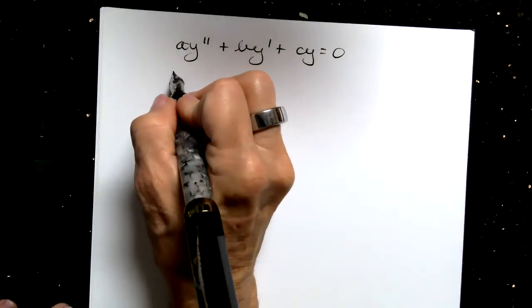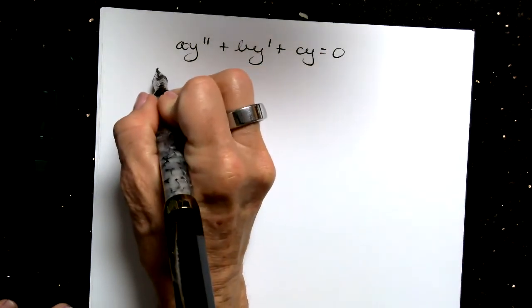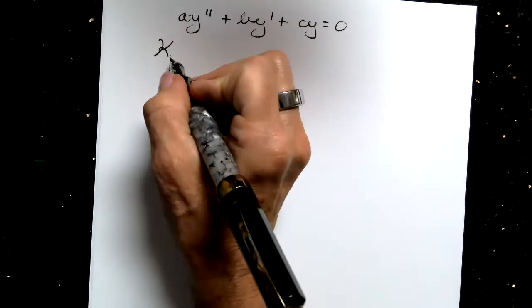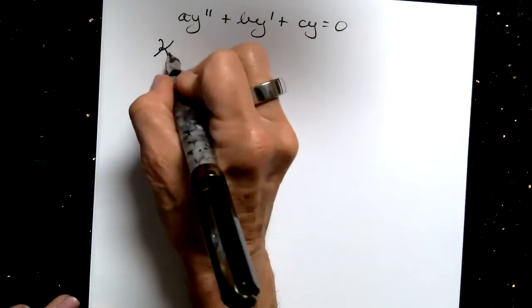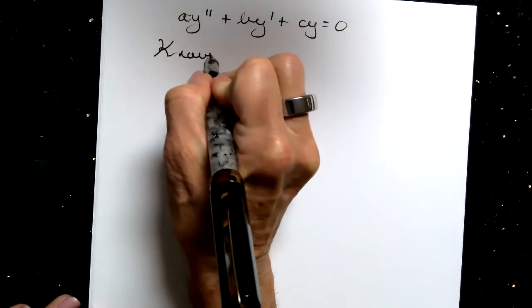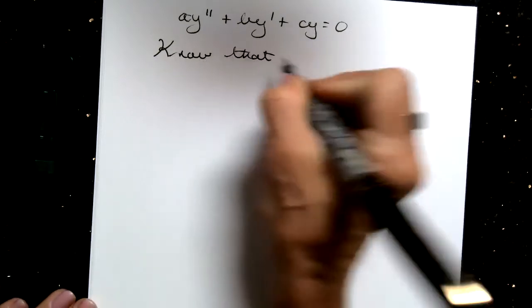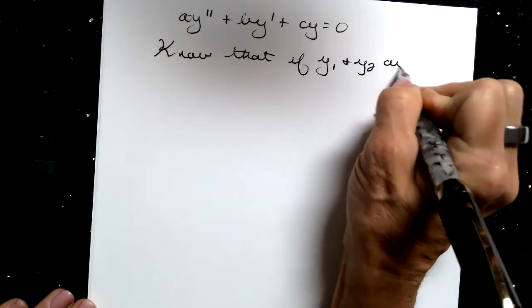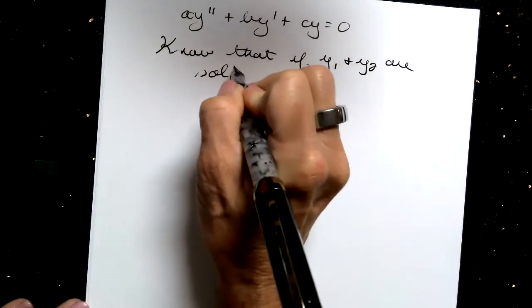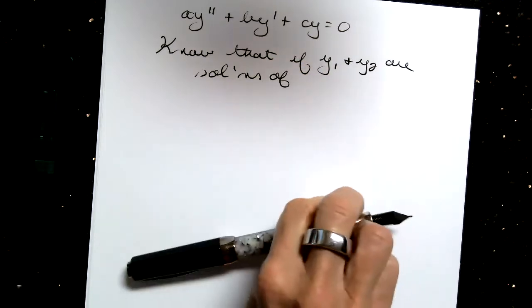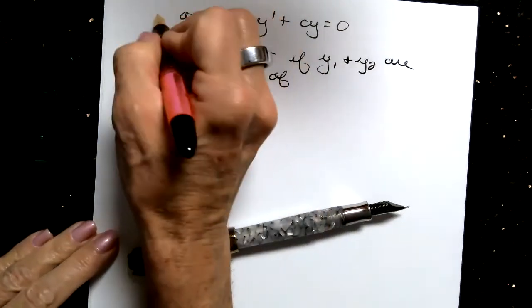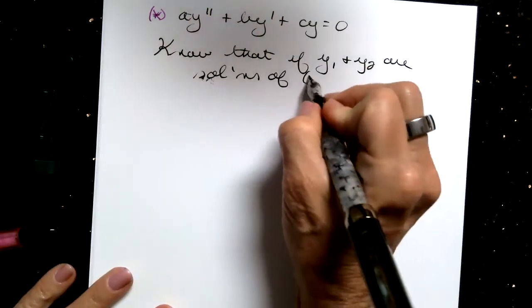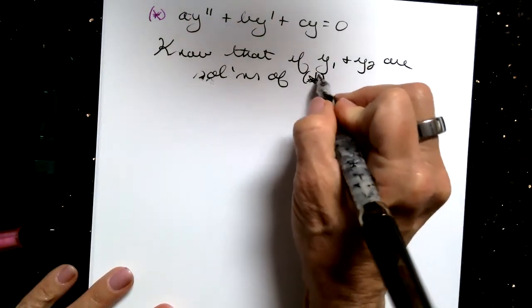And we know that by the principle of superposition, if y1 and y2 are solutions, we call this equation asterisk.